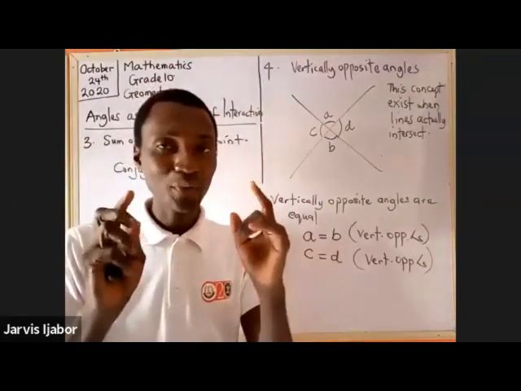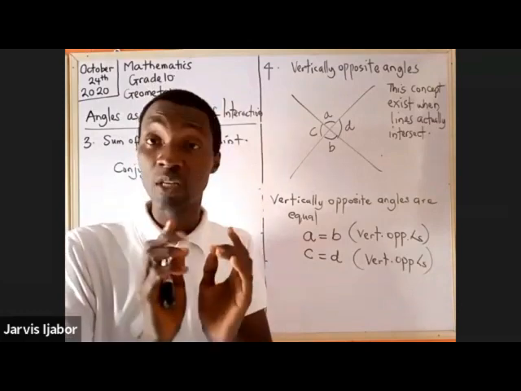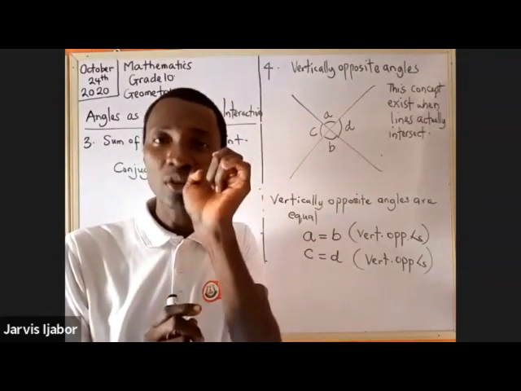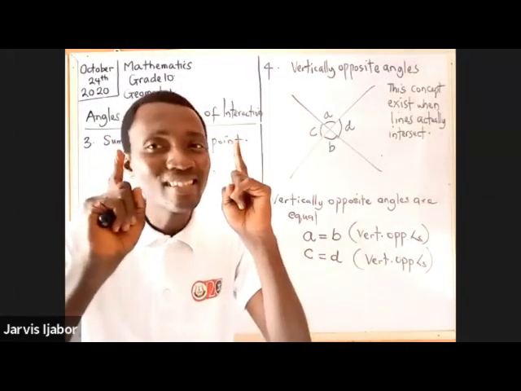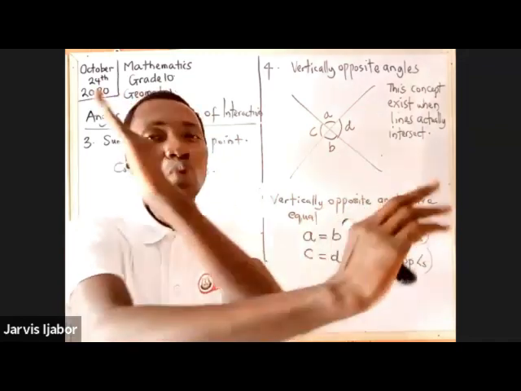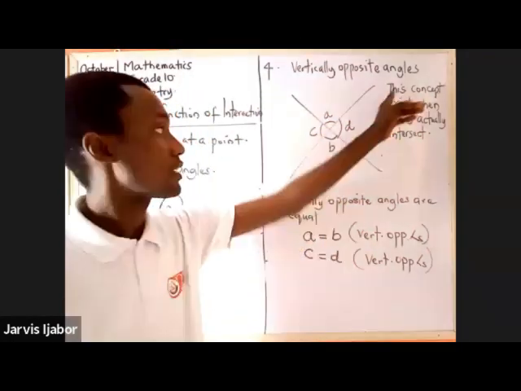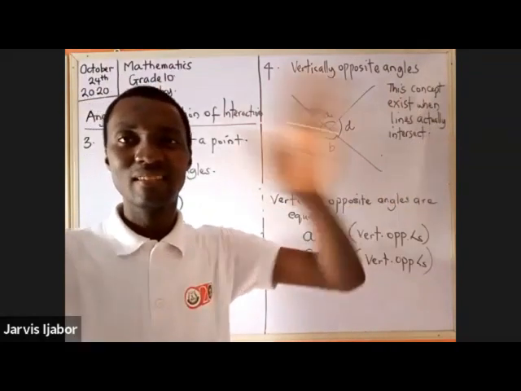Remember, I really need to lock this idea in. I try as much as possible when I introduce concepts to lock in the idea I need you not to forget. Vertically opposite angles exist in the setup where two lines are actually intersecting. This concept exists when lines actually intersect.